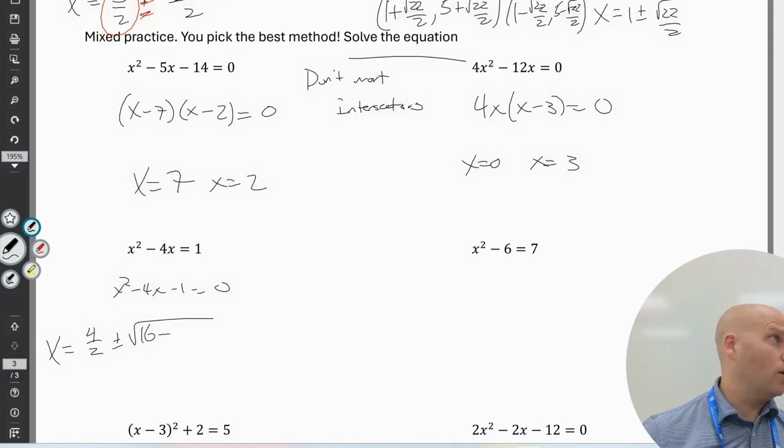Four times 1 times -1 is -4. So that's going to be 20.